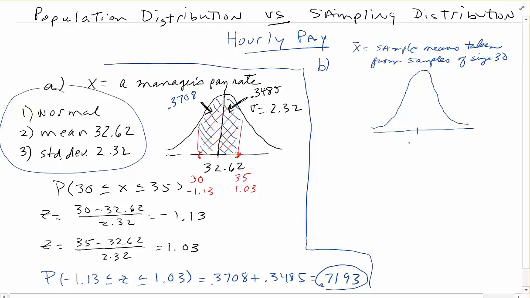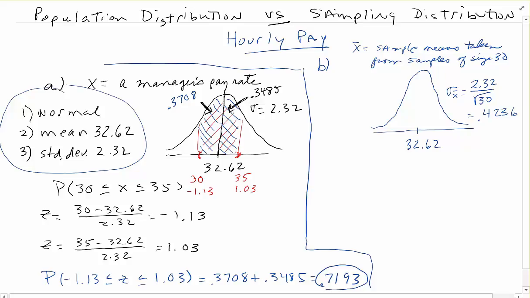And the center of that distribution is the population average. But the standard deviation is called standard error. And that is the population standard deviation, which we have as 2.32, divided by the square root of the sample size. And we have 0.4236 as our standard error.